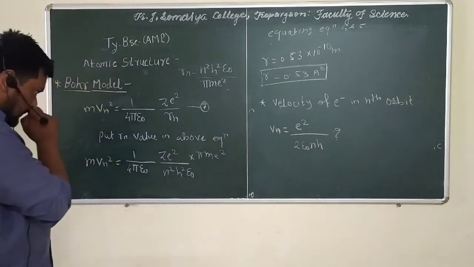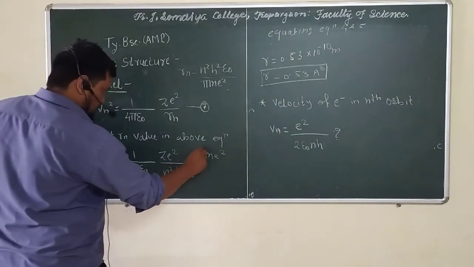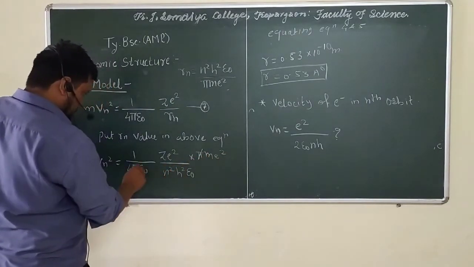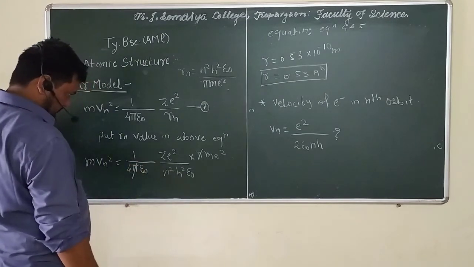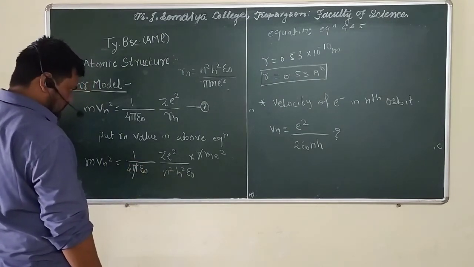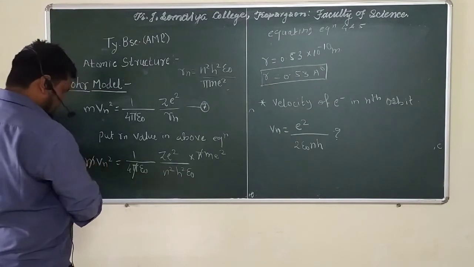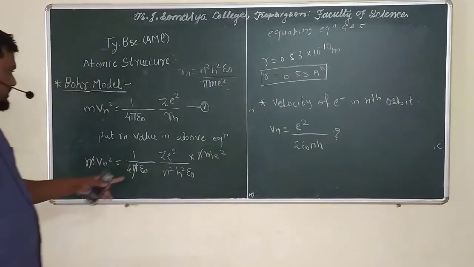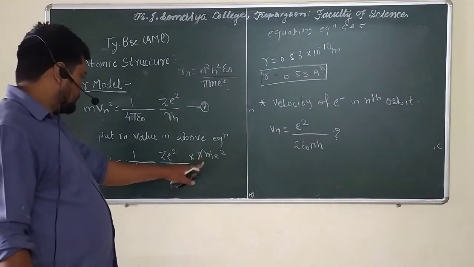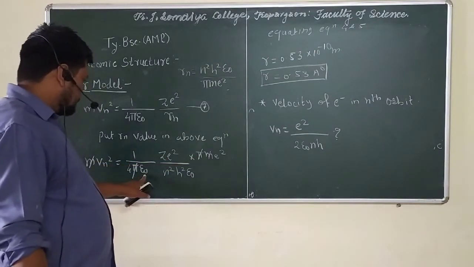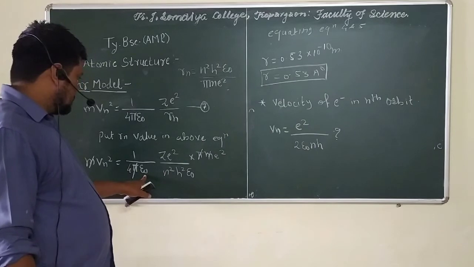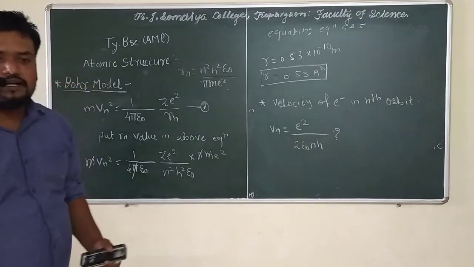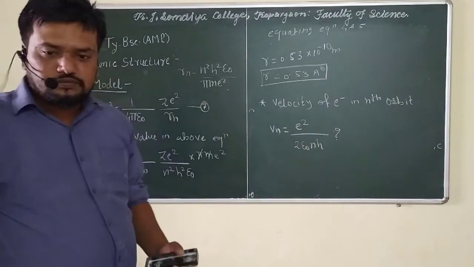So this pi gets cancelled, this m gets cancelled, and what is remaining is z into e to the power 4 upon 4 epsilon naught square n square h square.